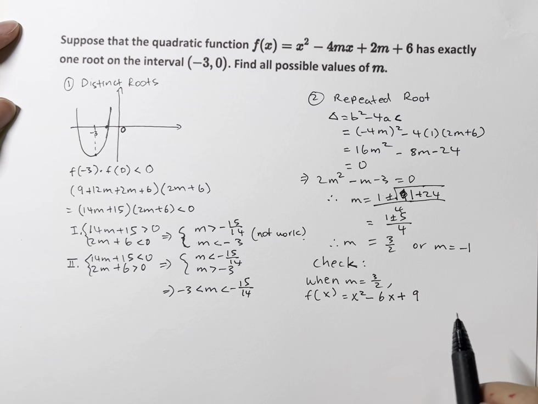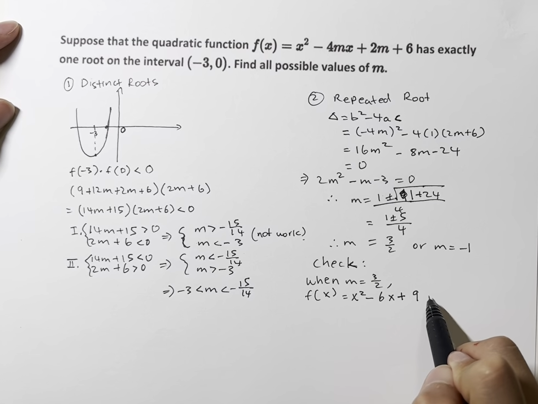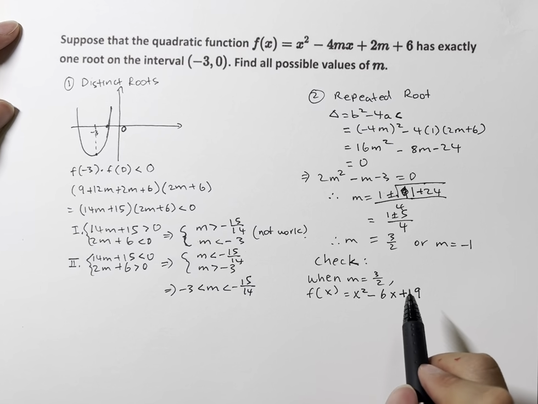Setting this equal to 0, the root is x equals 6 plus or minus the square root of 0, because 36 minus 36 is 0, over 2, which equals 3. But since 3 does not belong to the interval, this does not work.